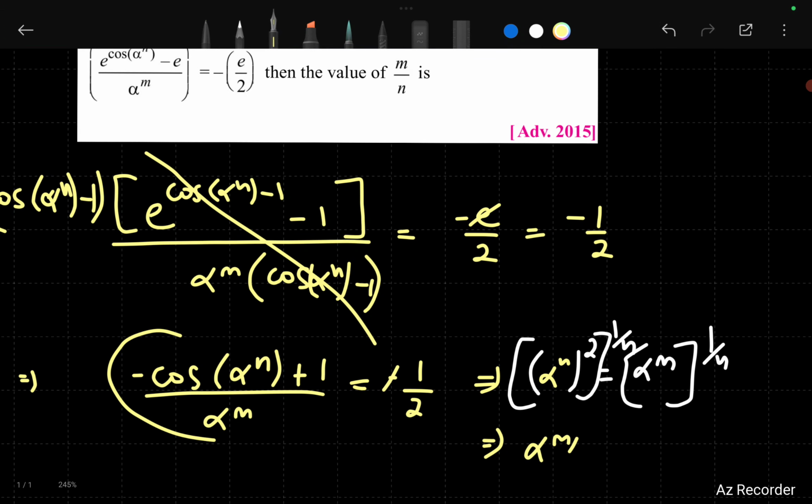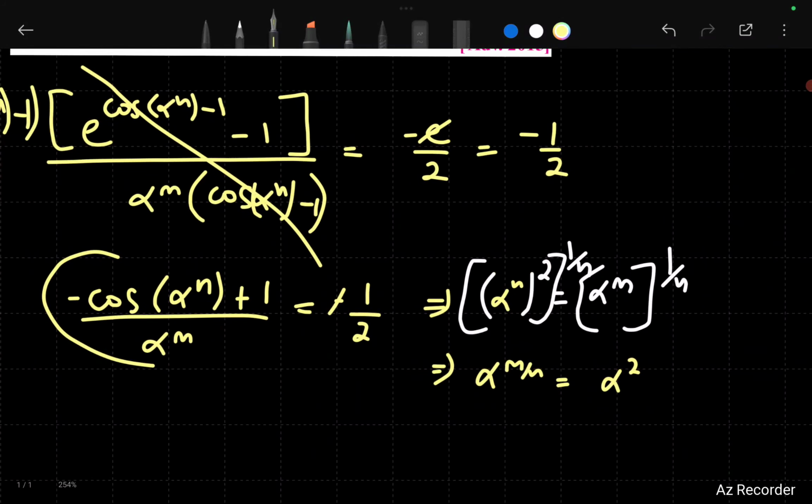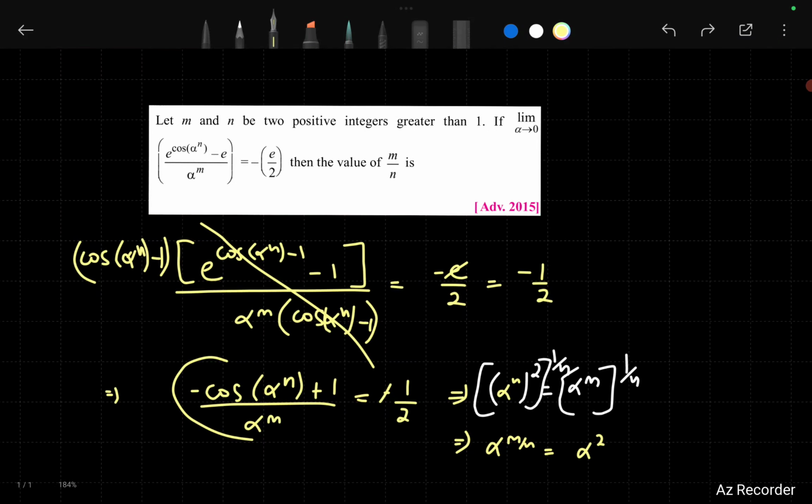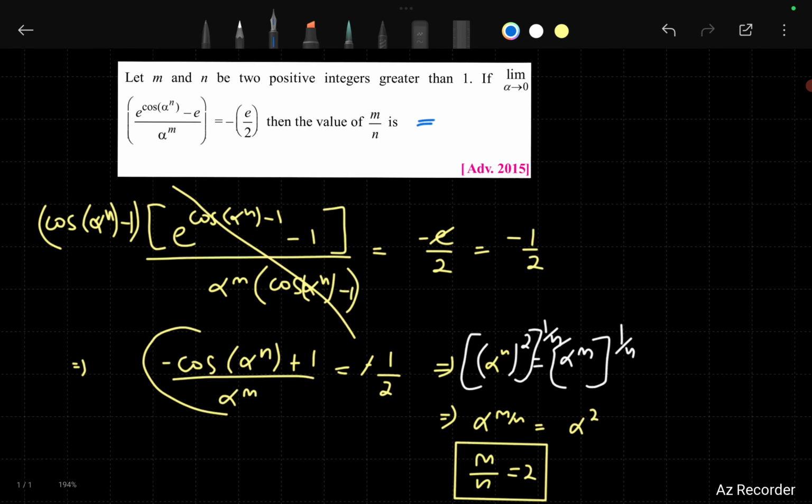So alpha to the power m by n is equal to alpha square, and okay, if we cancel alpha both side, then what are we fetching? M by n is equal to 2. So this was the answer of JEE Mains 2000, JEE Advanced 15. Okay, the answer will be here, which will be equal to 2.